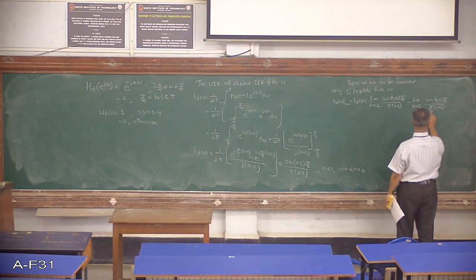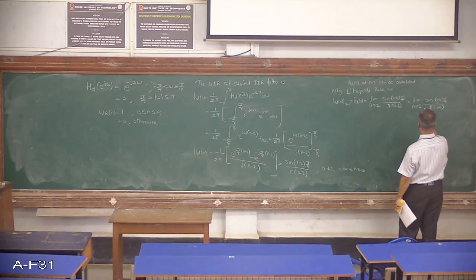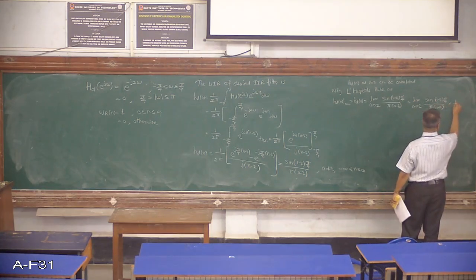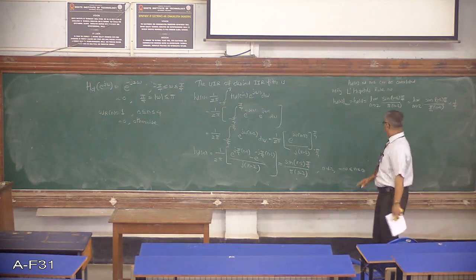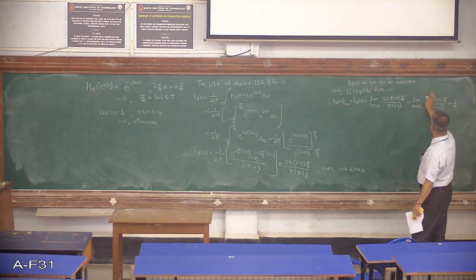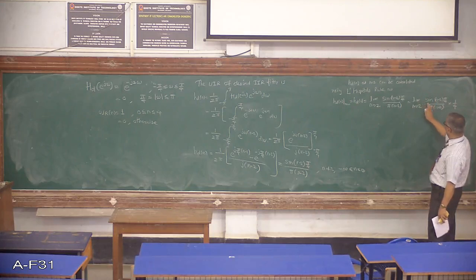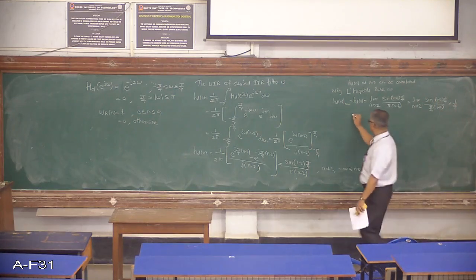To cancel this 4, I multiply by 1 by 4. Now the limit as n minus 2 tends to 0 is the sin theta by theta form, whose value is 1, so you get 1 by 4 as the answer.